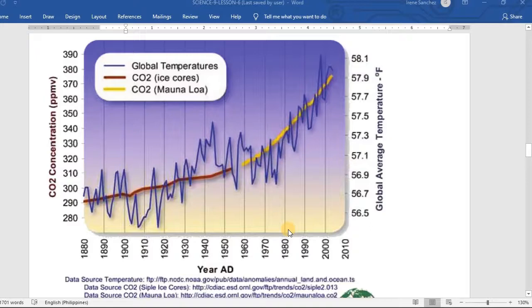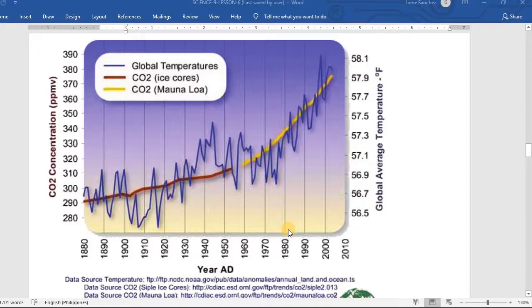So how are you going to read that? First, you have to familiarize yourself with how it's made. The lower part here, these are the years, increasing from 1880, 1890 up to 2010. On this side, it talks about the concentration of carbon dioxide in parts per million. On this other side is the global average temperature.